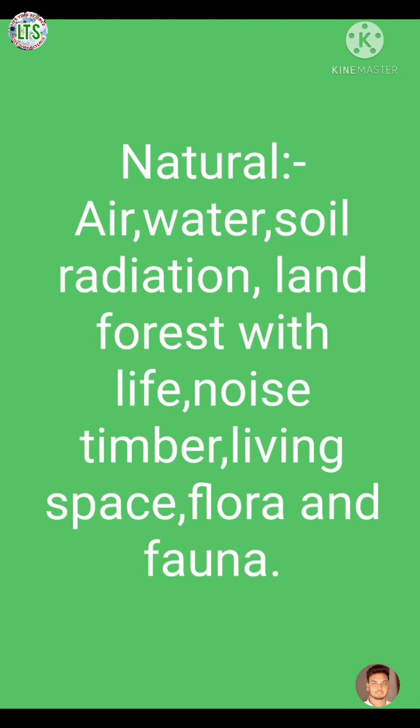So what is natural environment? Natural environment system operates through a self-regulating mechanism. It means it can operate naturally. Any change in the nature, there exists a reciprocal relationship among various components of the environment because it is natural.